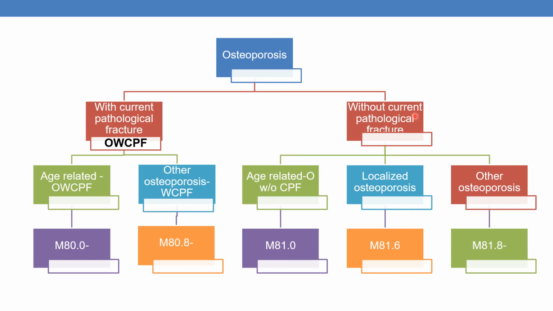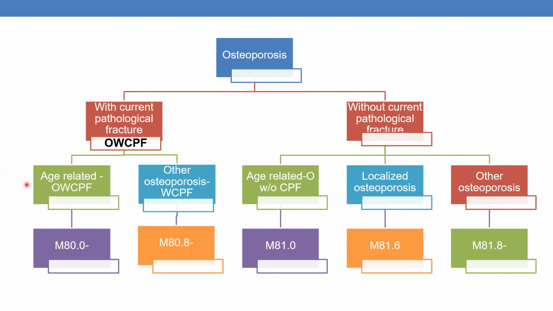Next is without current pathological fractures. Osteoporosis with current pathological fracture is again subcategorized into age-related osteoporosis with current pathological fracture and other osteoporosis with current pathological fracture.